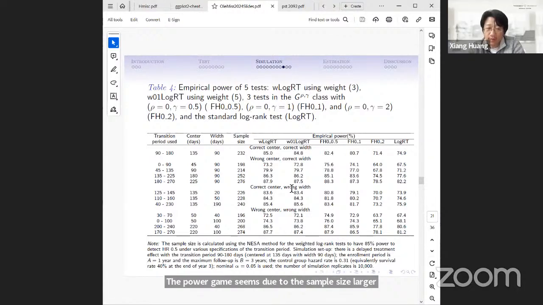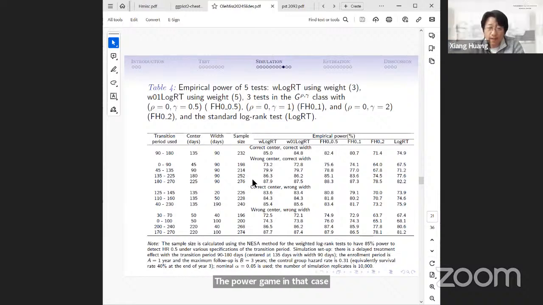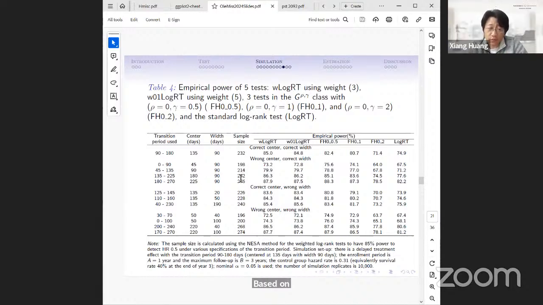The power gain seems due to the larger sample size. The sample size is calculated based on the transition period.